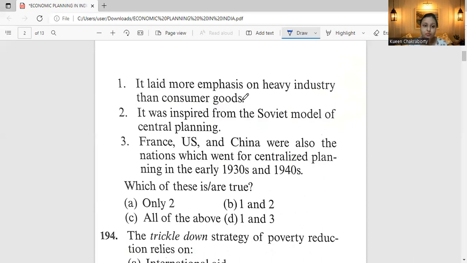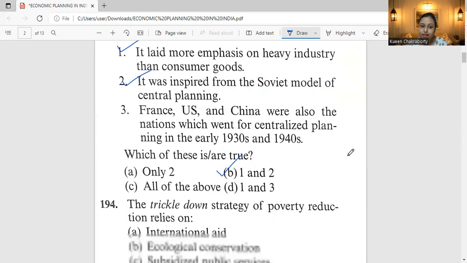So accordingly, statement 1 is correct and statement 2 is also correct, right? It laid more emphasis on the heavy industry than the consumer goods, and it was inspired from the Soviet model of the central plan. So if 1 and 2 are correct, our option number B will be the correct answer, right? 1 and 2 both being correct.